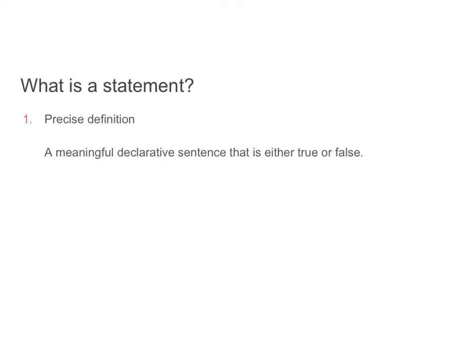Here is the precise definition of statement that we're using in this class. A statement is a meaningful, declarative sentence that is either true or false. It's the kind of thing that can be true or false. To get at what this means, let's compare it with other kinds of sentences.